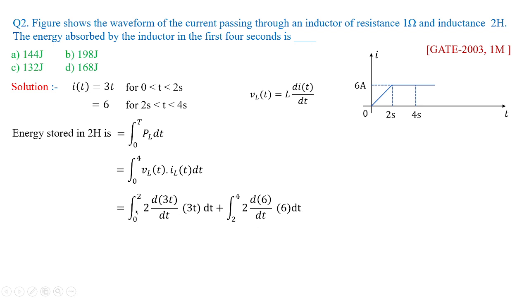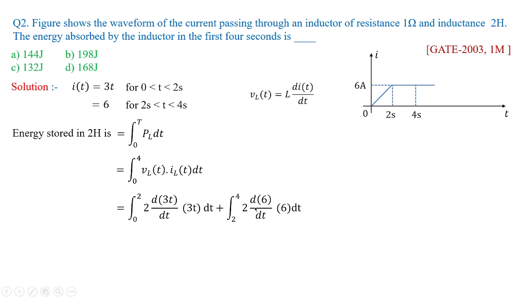Now just apply the integration to these two individually. What are we going to get? See this d(3t) by dt, it will give you the value 3 into 2, that is 6, and you have 3t dt, again 3 multiplied with 6 becomes 18, and you have integration of t dt, which becomes t square by 2.